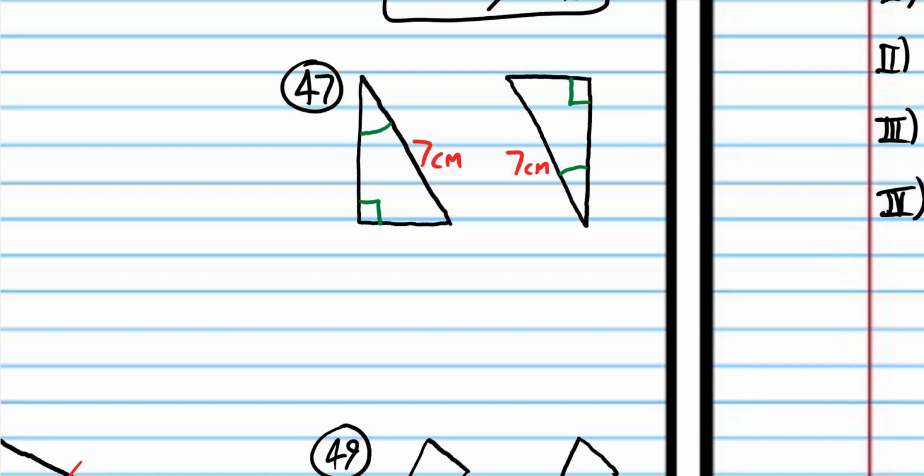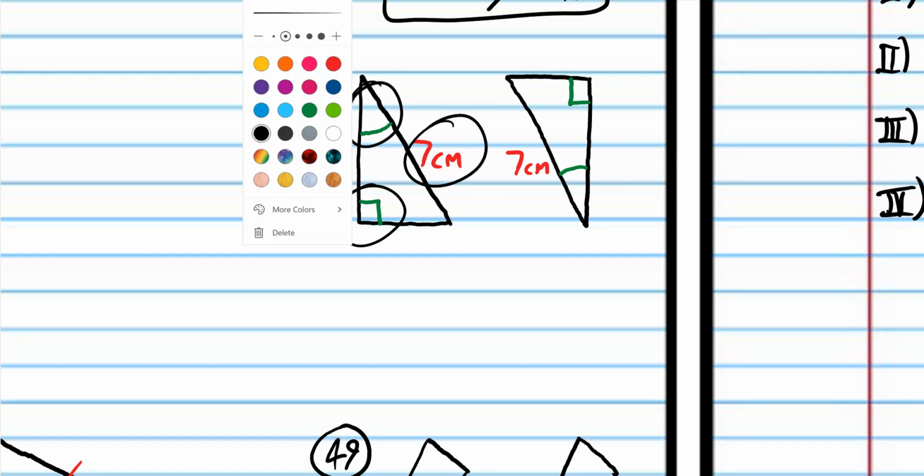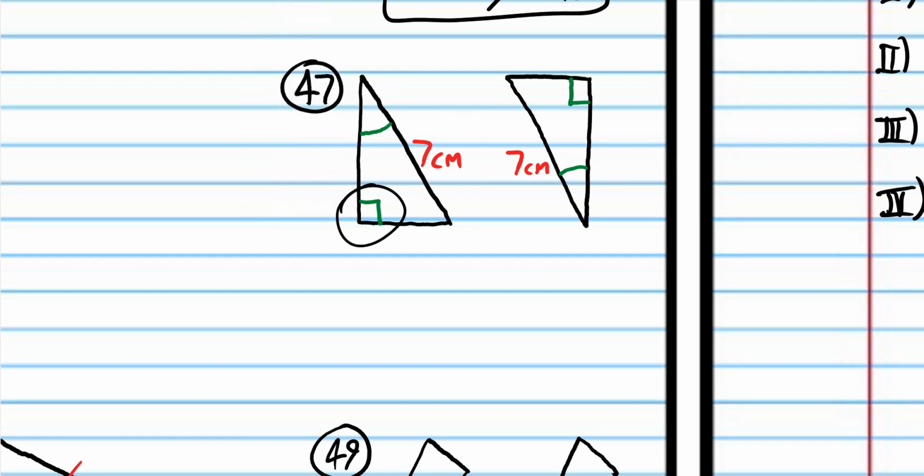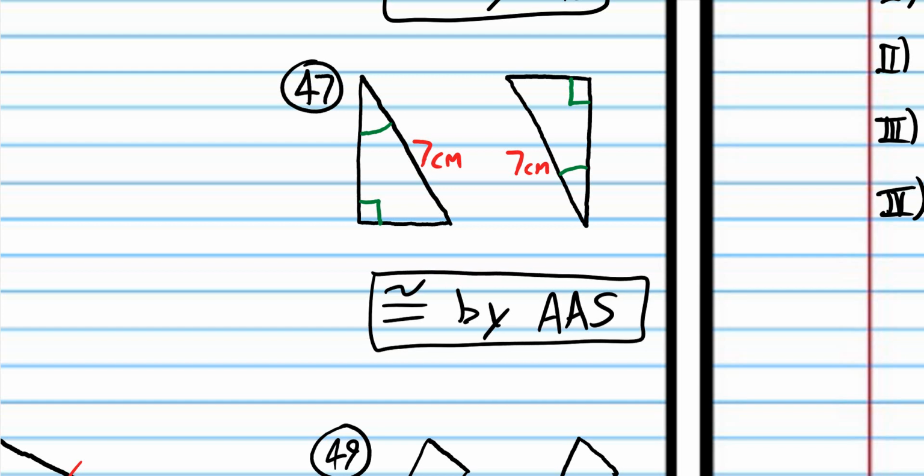And the answer is yes, we can, because we have angle, side. There is an AAS theorem that tells us that triangles are congruent. So we have two right angles and two arcs that are the same, and the hypotenuses. So we can say that these triangles are congruent by AAS. So if you got that answer, good job. We could not use the HL theorem, but we can use the AAS theorem.